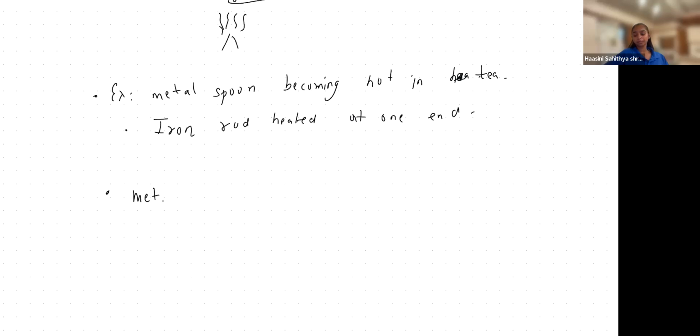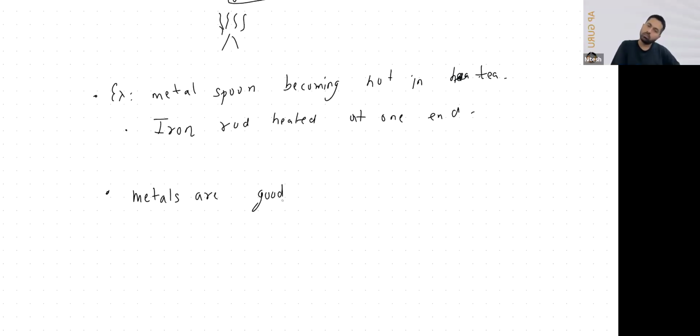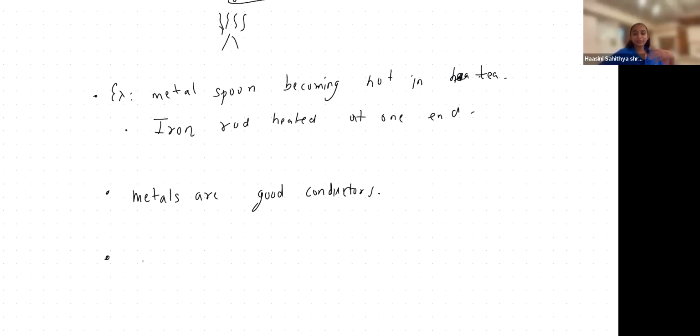So the metals are good conductors, and that's the reason a utensil is always made of metal, and if I have to make the handle of it, we always choose plastic, wood, or rubber, anything which does not allow the heat to pass through.